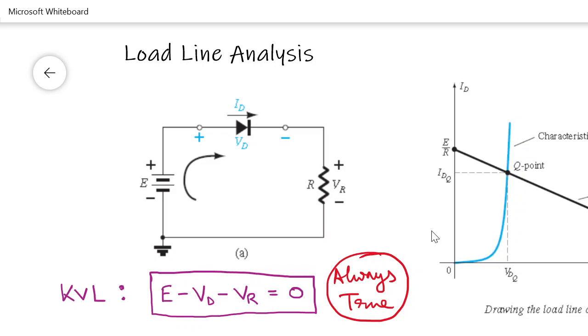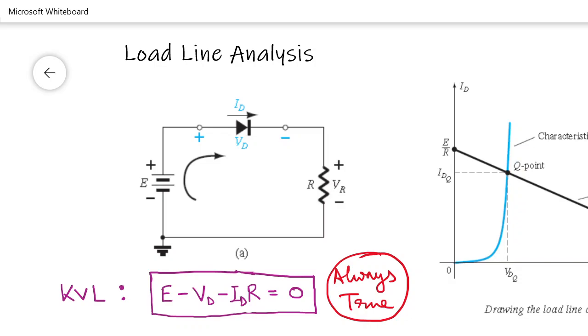Both things are true at the same time in this circuit. In this KVL, we can write VR as ID into R. When we write it like this, the VD-ID relationship is nothing but a straight line. I hope you understand this.